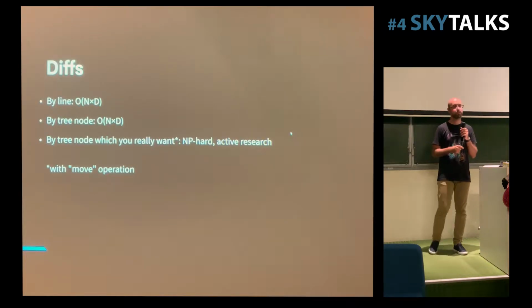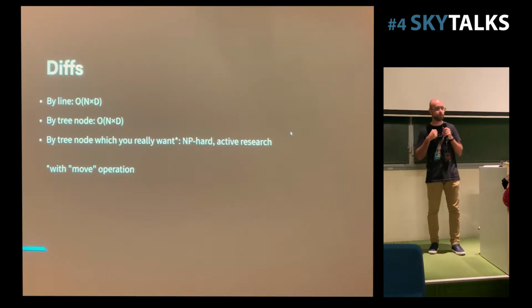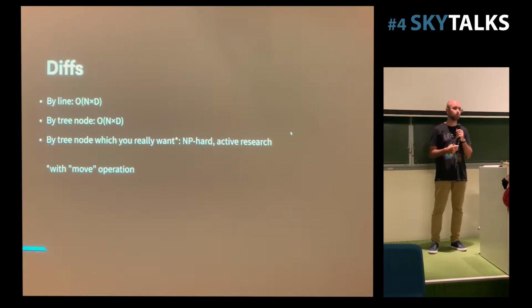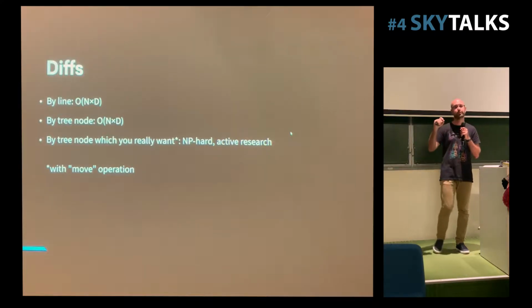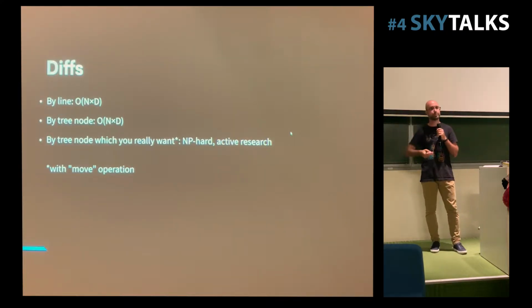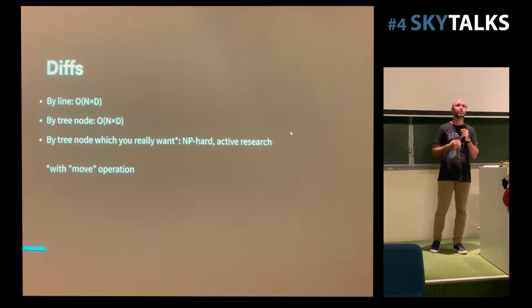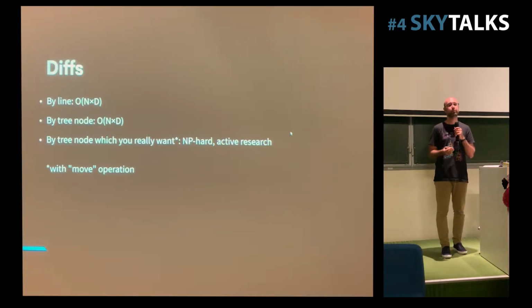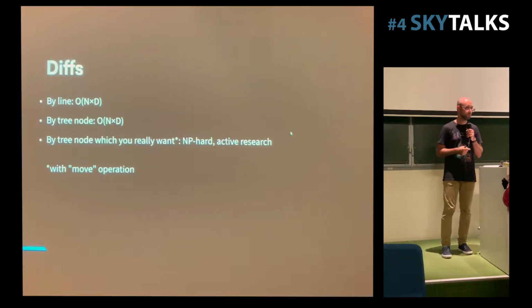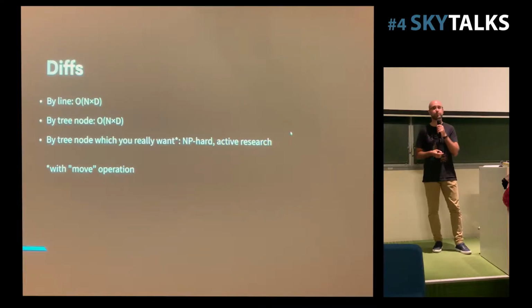If you try to do the same, but looking at the source code as a graph, you'll get into trouble. Of course, if you constrain yourself to only two operations, removals and additions, you'll still end up with a polynomial algorithm. That's fine, but you don't really want it.